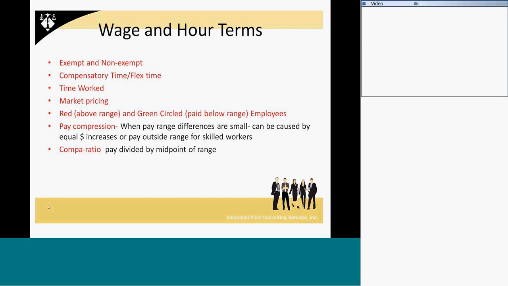Flex time is lawful, comp time is not lawful for non-exempt employees. And for whatever it's worth, it has never been lawful, even though it's commonly done by employers. So it is not lawful for you to provide comp time to a non-exempt employee. If somebody works 42 hours in one week of a 2-week pay period and 30 hours in the next week, you still owe them 2 hours of overtime.